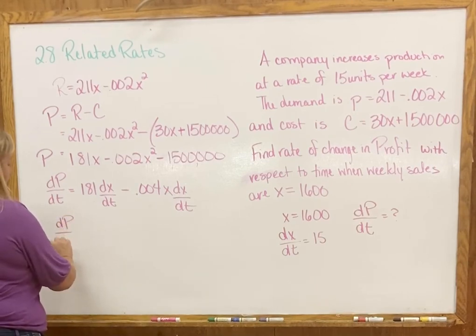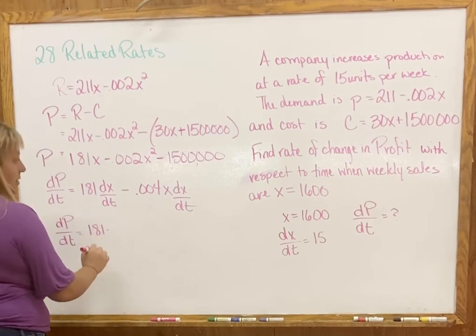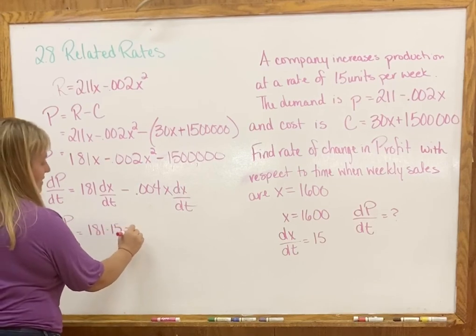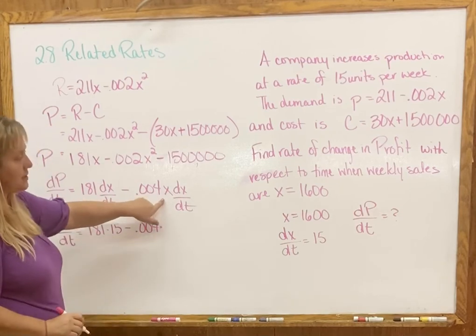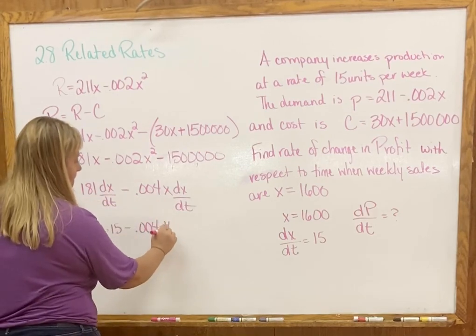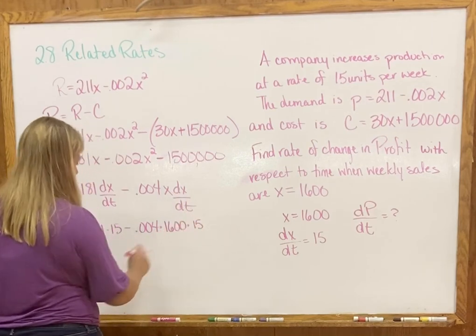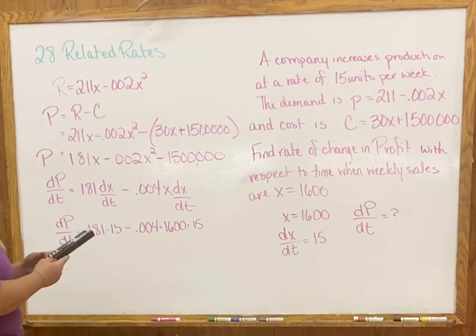So we have dP/dt equals 181 times 15 minus 0.004 times x, which was 1,600, times 15 again. And this is not one that I want to try and do in my head, especially since my addition skills are not great at the moment.